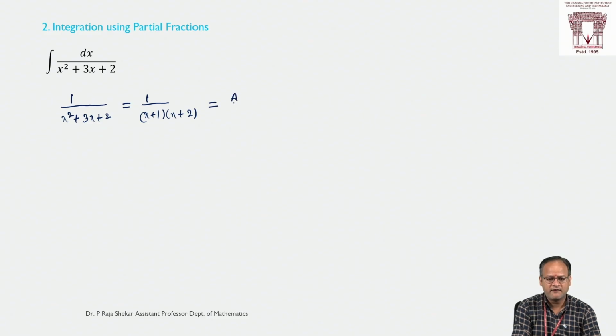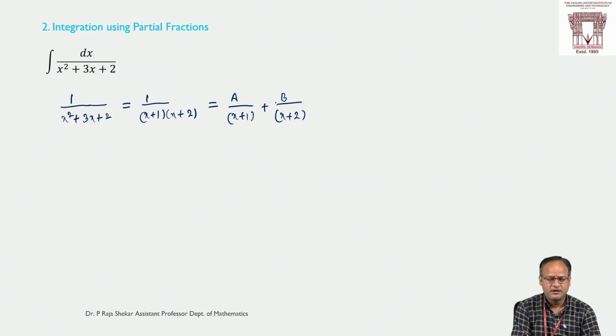So how could we write this? As the linear factors, the partial fractions, we can write it as A divided by x plus 1 being the first term and B divided by x plus 2, the second term. So it is to find out the constants A and B here.